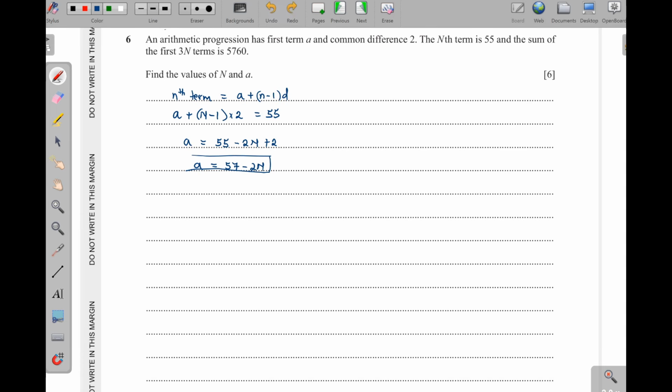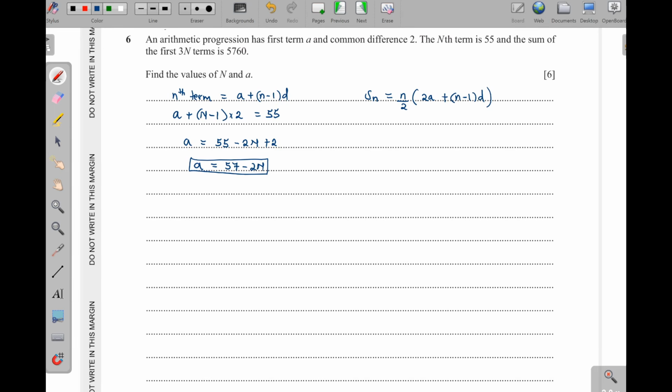Then we also have something else given. They said the sum of the first 3n terms. You know that sum of the first n terms of an AP is given as n over 2 into 2a, then plus n minus 1 d.